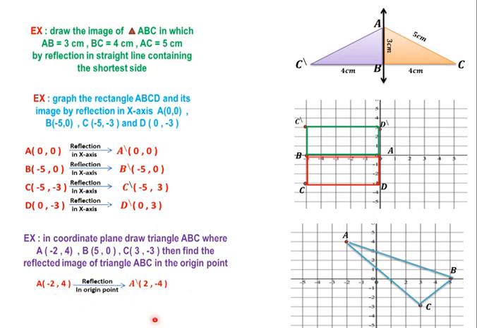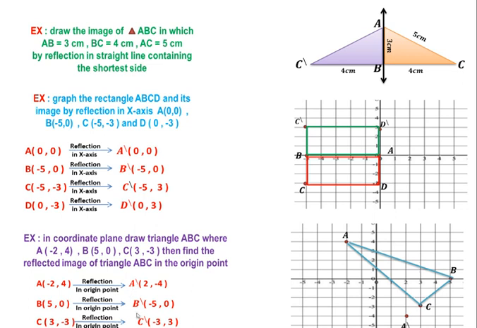Then next, B dash: B is 5, 0, reflected in the origin point, B dash will be negative 5, 0. The point C, 3, negative 3, reflected in the origin point will be negative 3, 3. Then we locate the image of the 3 points A dash, B dash, C dash.